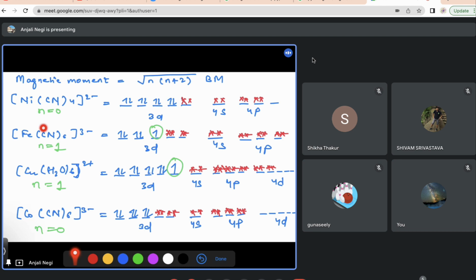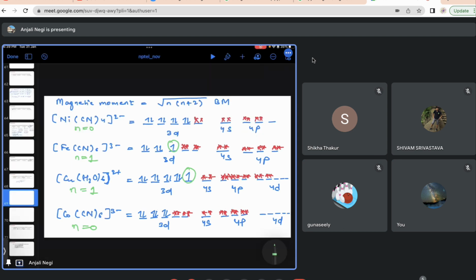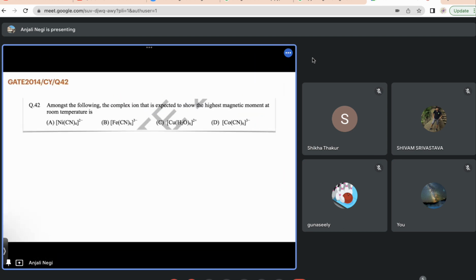The closer the unpaired electron is to the nucleus, the more will be the magnetic moment of that particular compound or complex. Now you can see in the configuration of iron and copper that the unpaired electron in the iron case is closer to the nucleus in comparison to copper. So this is the only reason that you can give, and that's why we choose the correct option as B. Okay, so I think it's clear.